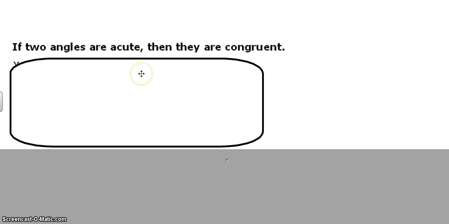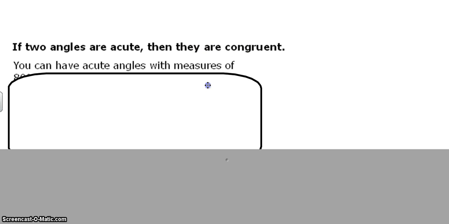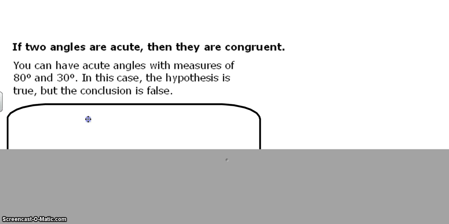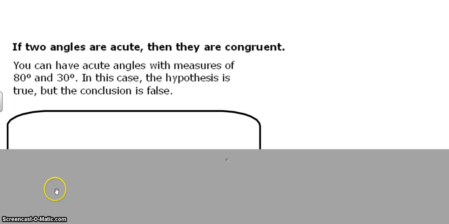How about if we have a 30-degree angle, that's acute, and a 40-degree angle? 30 and 40, two angles, are both acute, and yet they are not congruent, right? So, as it says here, you can have acute angles with whichever two measures you choose that are not the same, right? In this case, the hypothesis is true, but the conclusion is false. This is a false conditional.